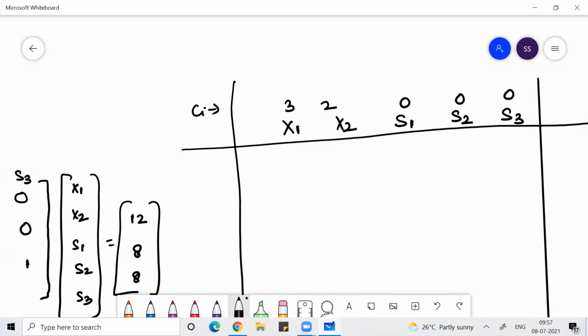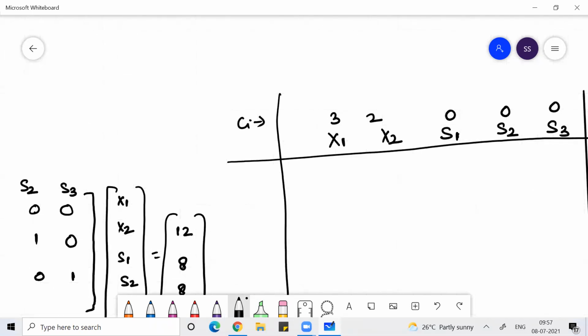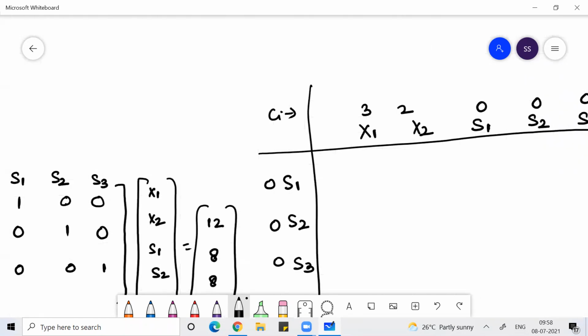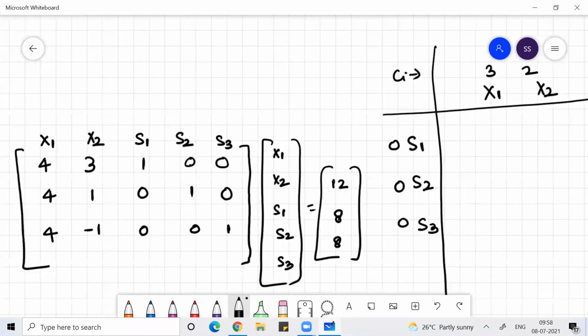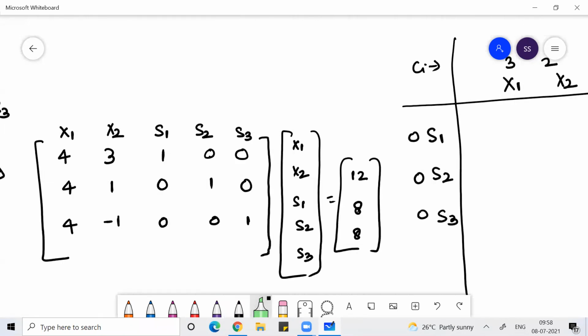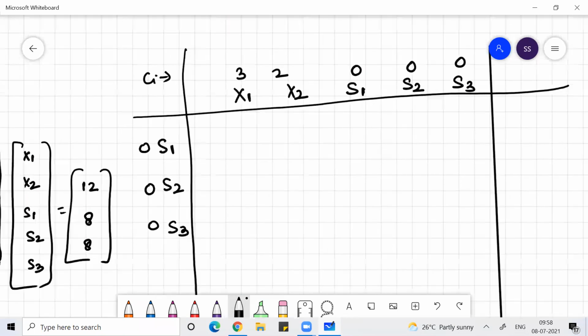Okay. Now when we solve the problem, we always solve it with the dummy variables or slack variables. So here I write S1, S2, S3. Their coefficients are 0, 0, 0. And you simply write down the coefficient values you get equation-wise. The first row is 4, 3, 1, 0, 0.